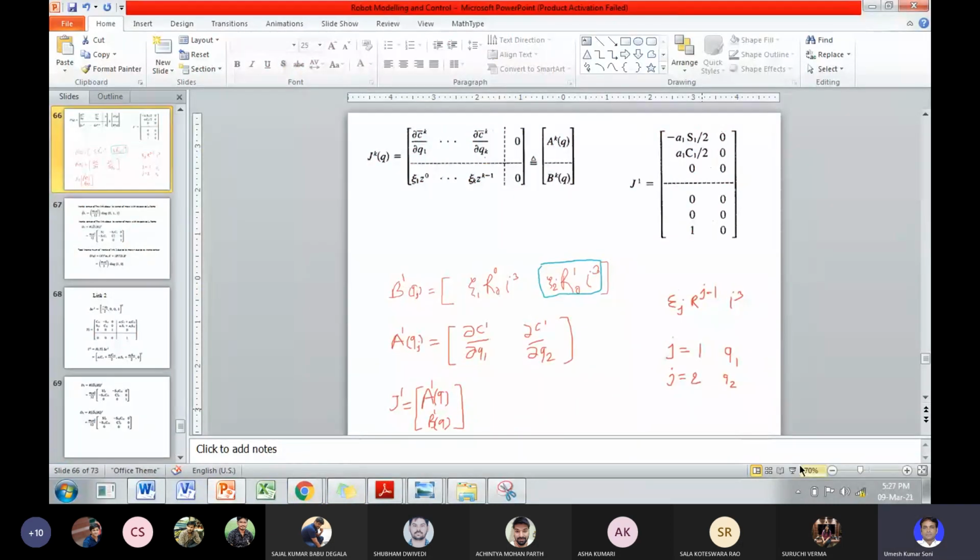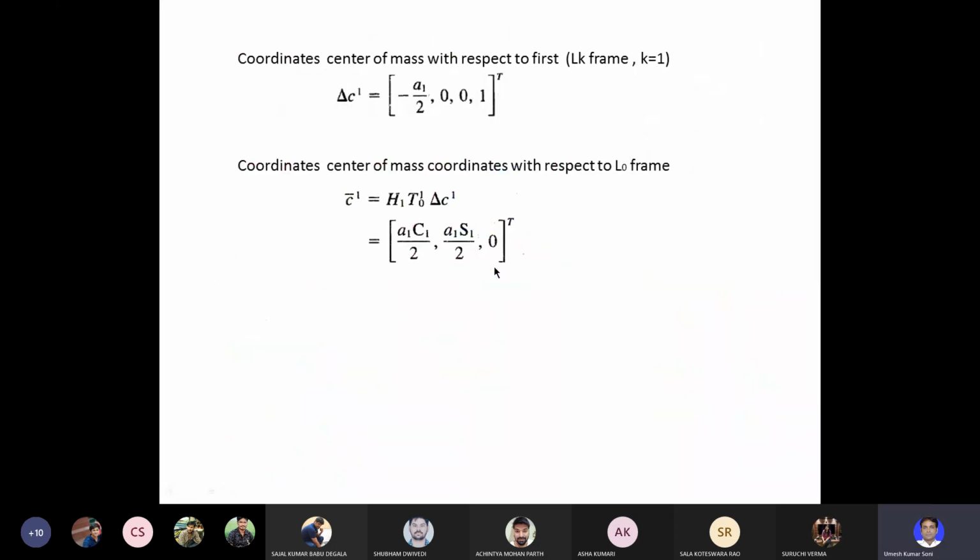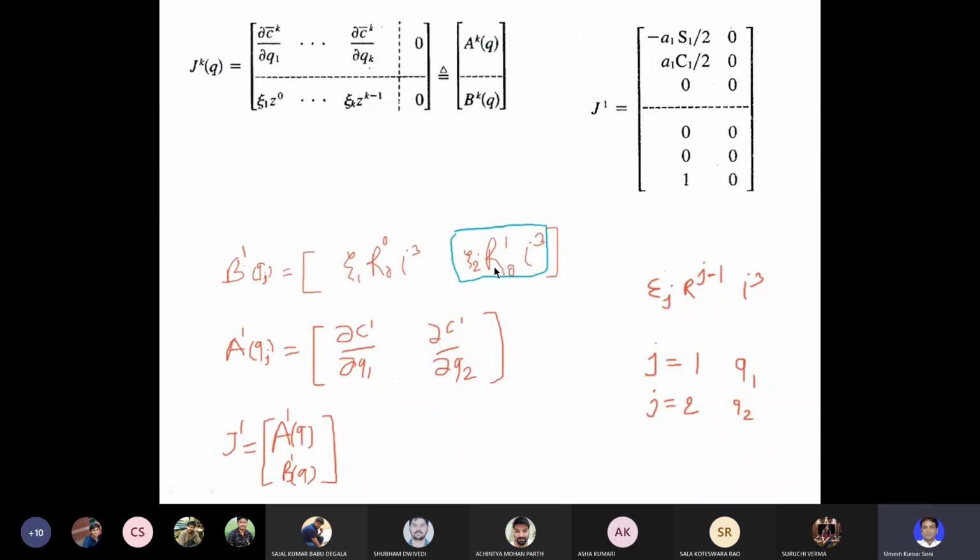So this is the first part, this is the second part. The Jacobian for link 1 is clear, because here two columns are there, because we have only two joints and two links.